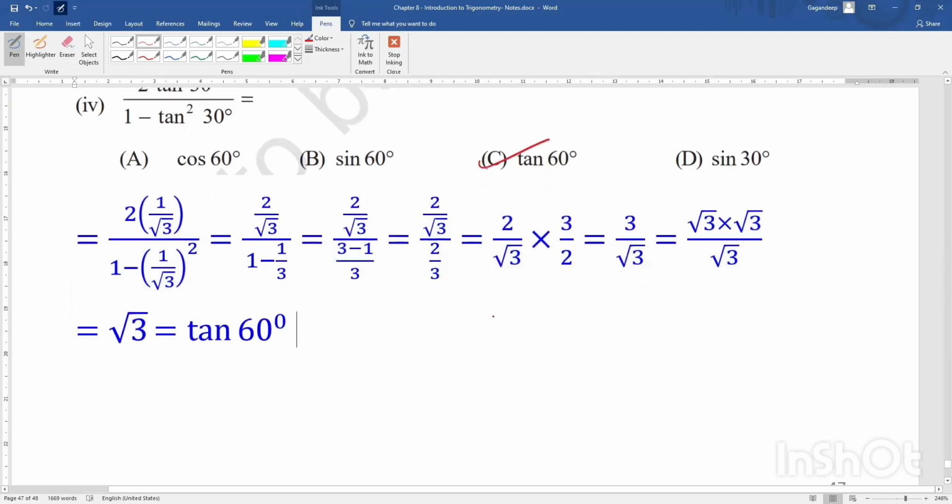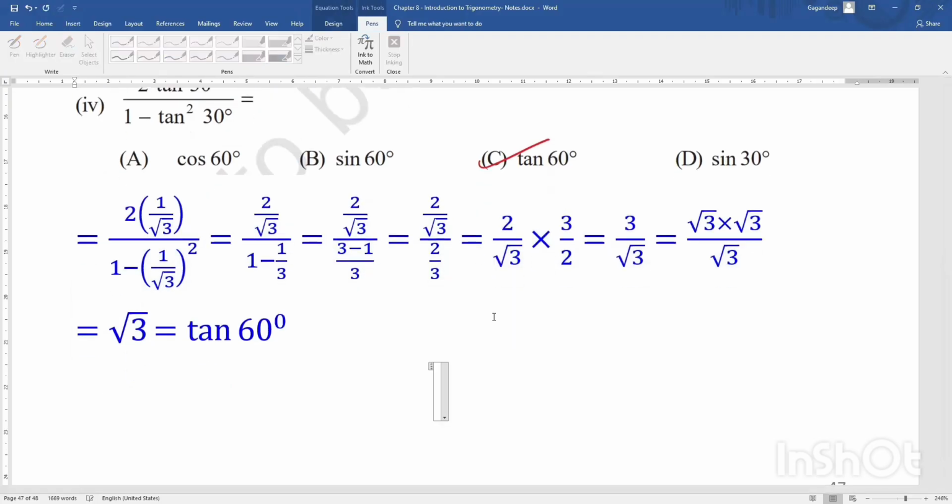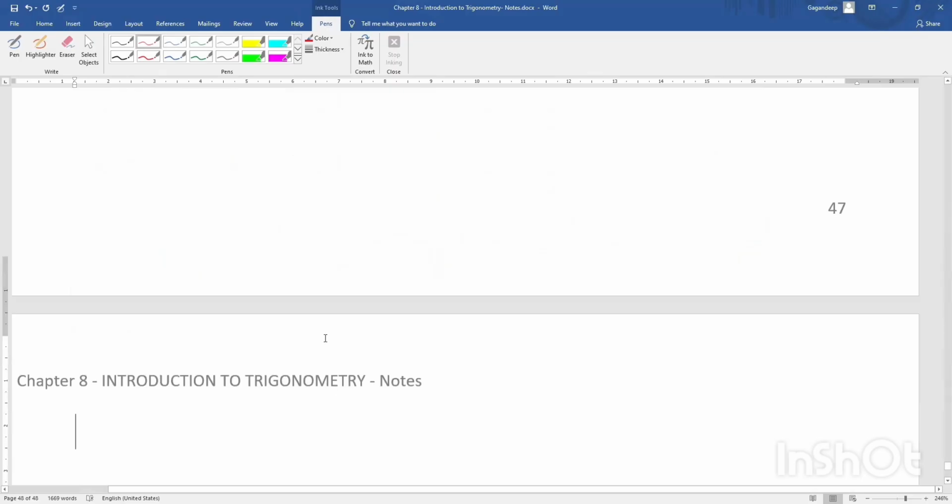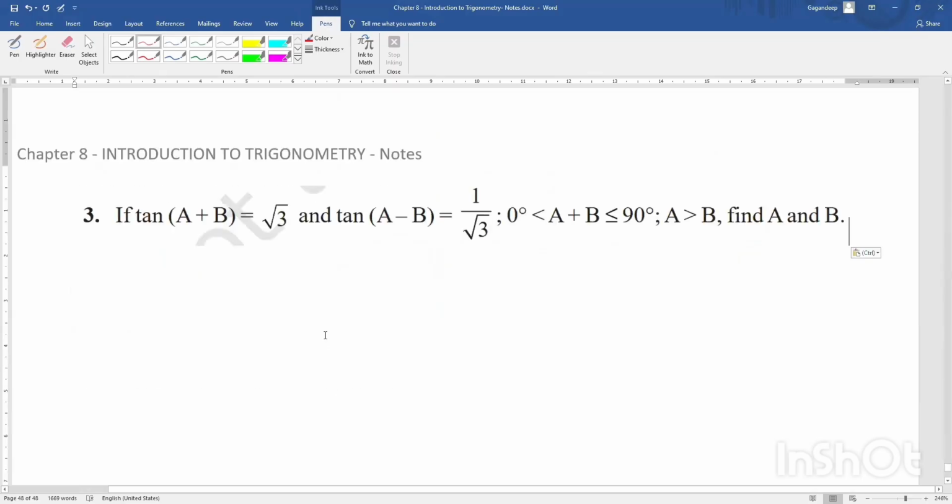Then we have the next question. If tan of a plus b equals root 3 and tan of a minus b equals 1 by root 3, and a plus b lies between 0 and 90 degree and a is greater than b, find a and b.